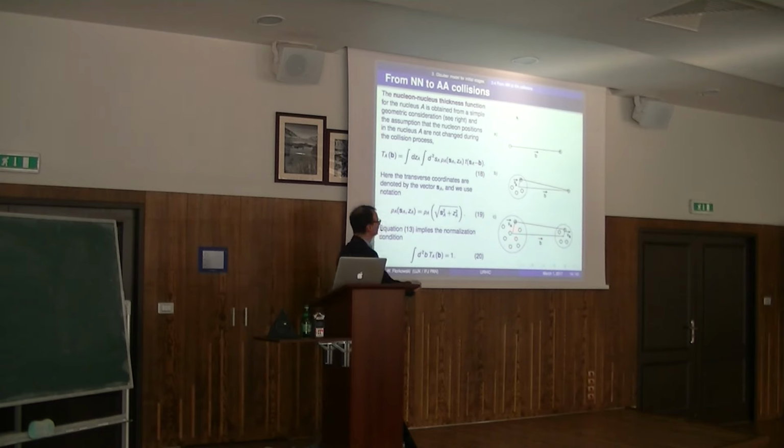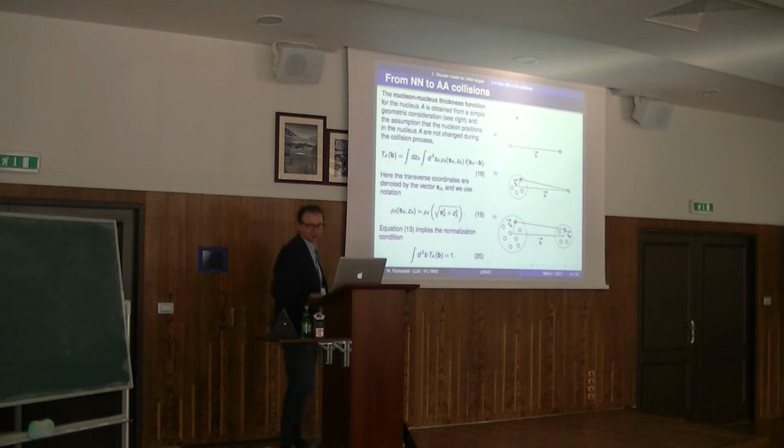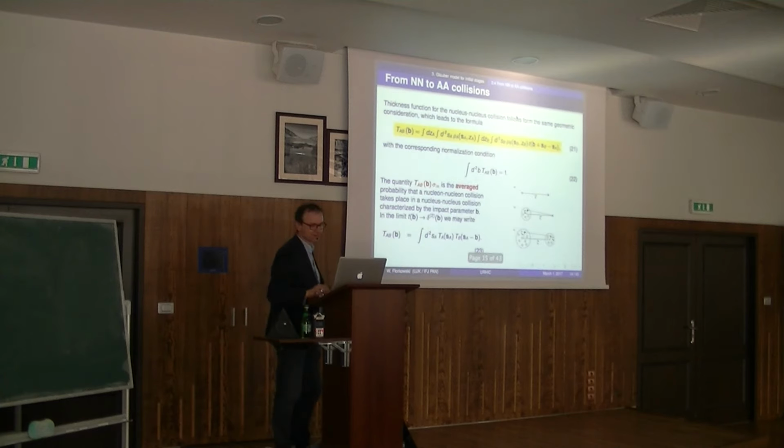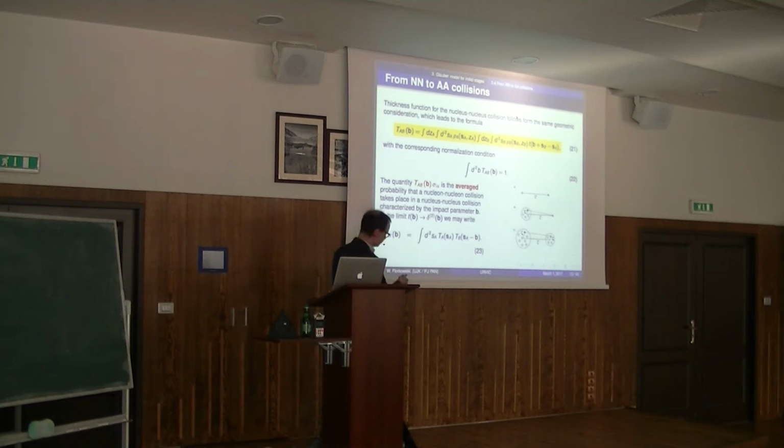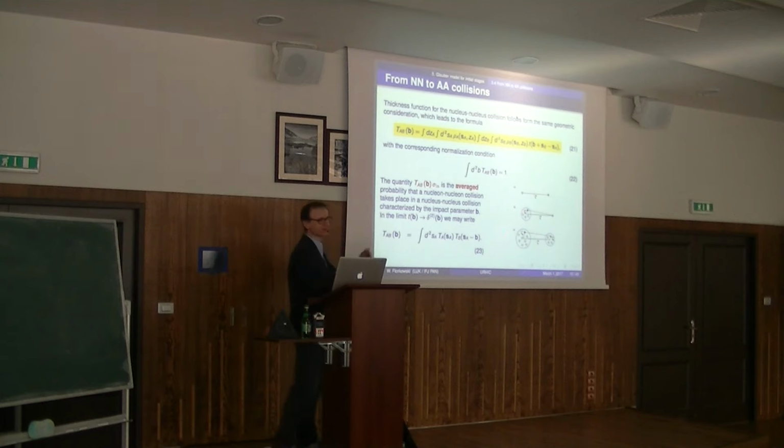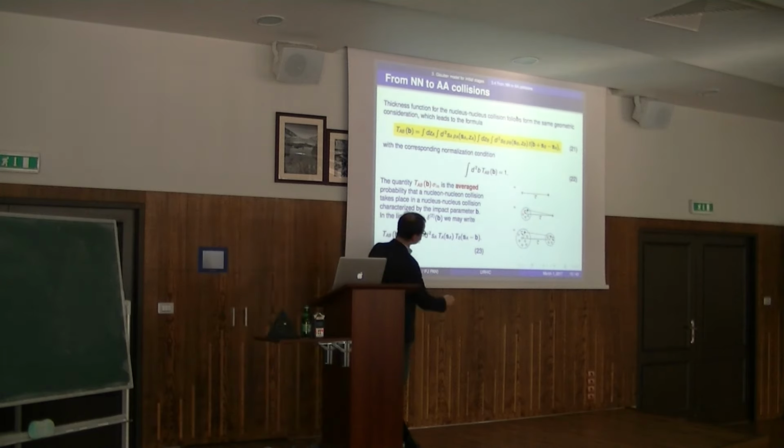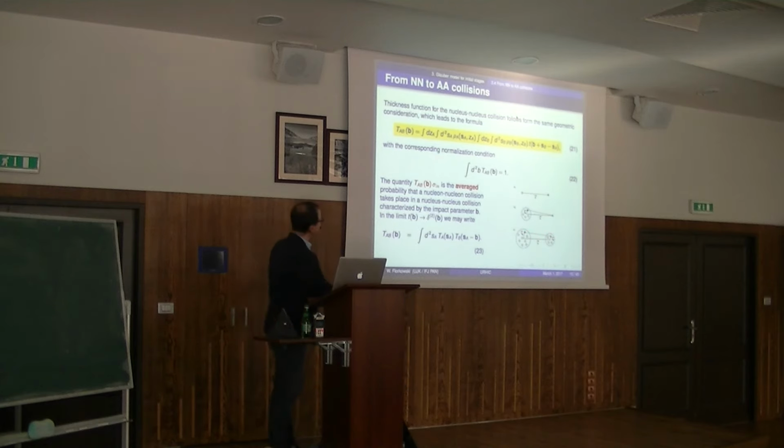Of course, if you go to nucleus-nucleus collision, you have to make this trick two times. And then everything is similar. One introduces the thickness function for nucleus collision. Then we have the thickness functions for nucleon collisions with this combination of the vectors, which defines the impact vector for two nucleons, and you integrate over the distributions.